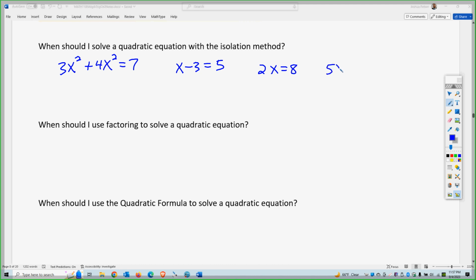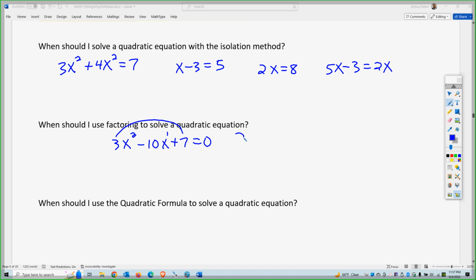If I have 5x minus 3 equals 2x, that's fine because, again, that only has a singular power of x to the first power. If I have a mixed bag, like 3x squared minus 10x plus 7, I have both x to the first power and second power. I have to use a different method, either factoring or the quadratic formula.